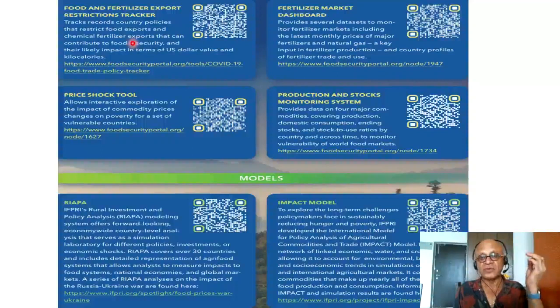One or two of the main things that farmers have to worry about is water and of course fertilizer, right? So the fertilizer market dashboard provides several data sets to monitor fertilizer markets, including the latest monthly prices of major fertilizers and natural gas, a key input in fertilizer production, and country profiles of fertilizer trade and use.